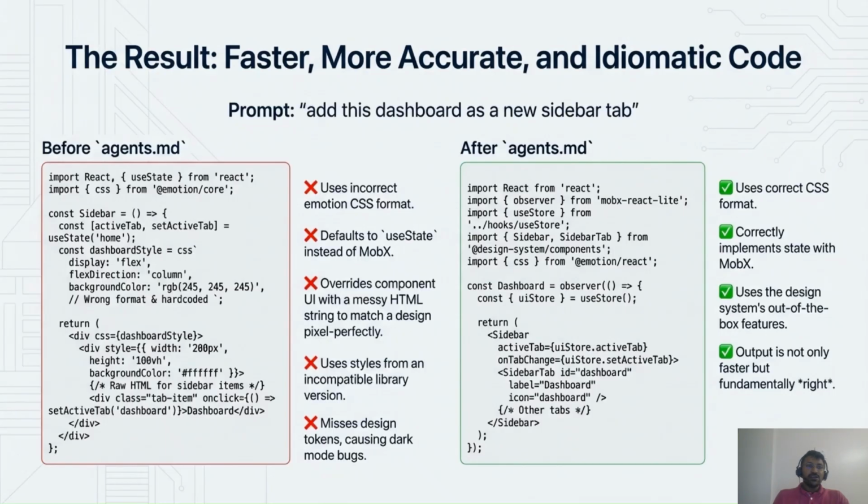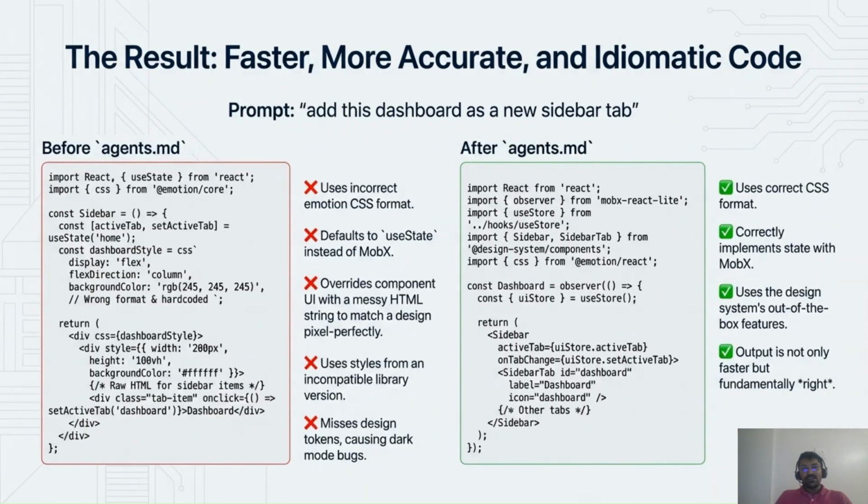Now let's compare the two code bases that were migrated. One is without an agents.md file, where we specify nothing about CSS or UI design like Material UI, so the agent just creates output based on the input.